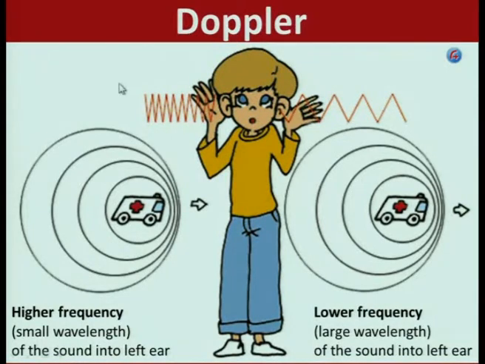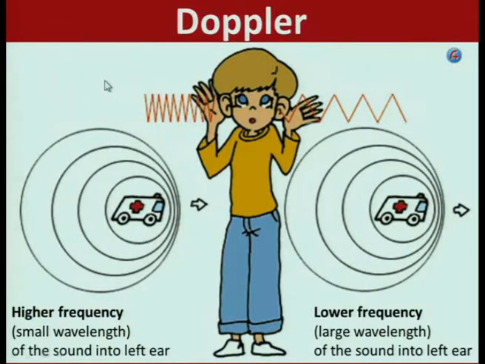Okay, could you hear in the video that the sound of the hooter when it came driving towards you sounded different than the sound of the hooter when the car was driving away from you? Now that difference in sound can be correlated back to the frequency of the wave.